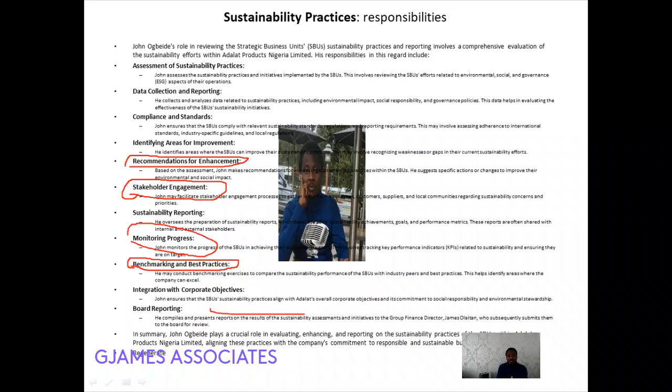Data collection, reporting, compliance to standard, assessment of sustainability best practices, ESG. These are some of the aspects of the responsibility of John as it relates to sustainability reporting, sustainability accounting, and its responsibility to manage sustainability accounting.